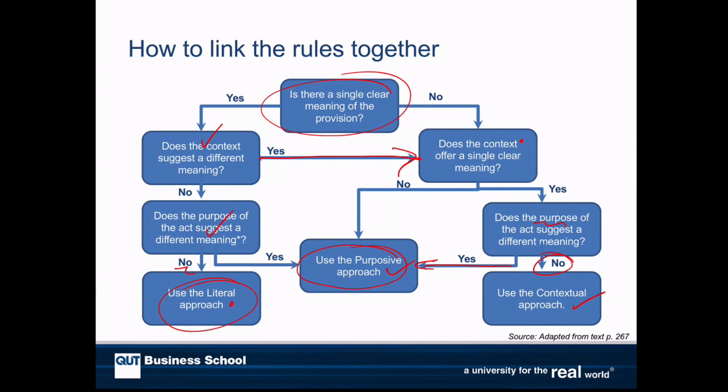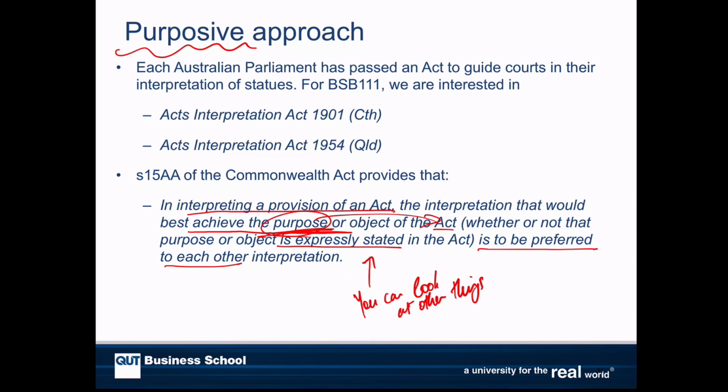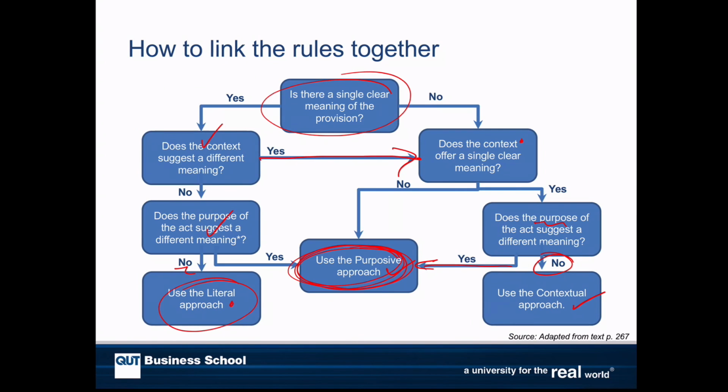But if we get any conflict with the purpose, then we have to use the purposive approach. Why? Because Section 15A in the Commonwealth Act, and I think it's 14A in the Queensland Act, says that is the one to be preferred. So we always have to end up preferring the purposive approach if there's a conflict.